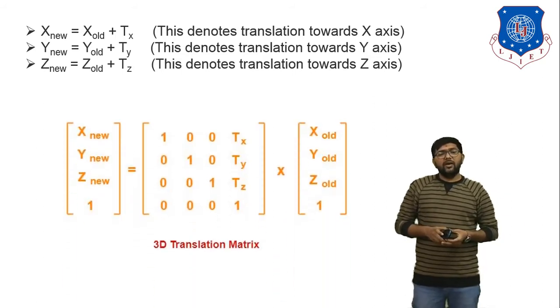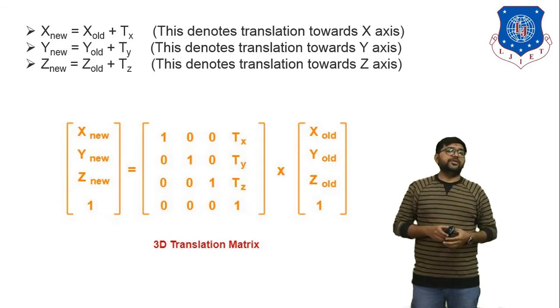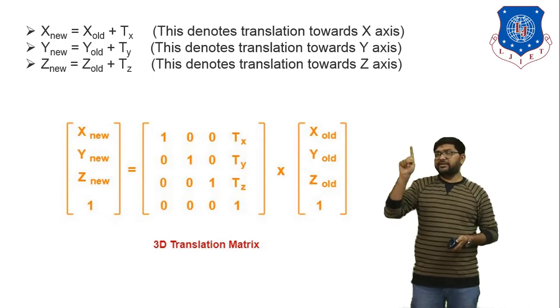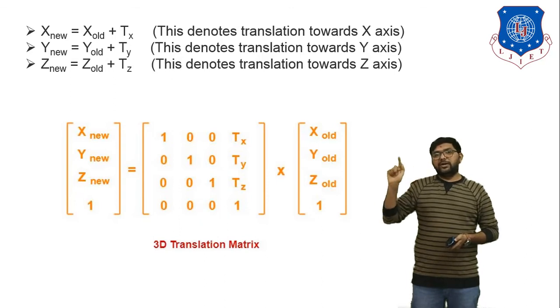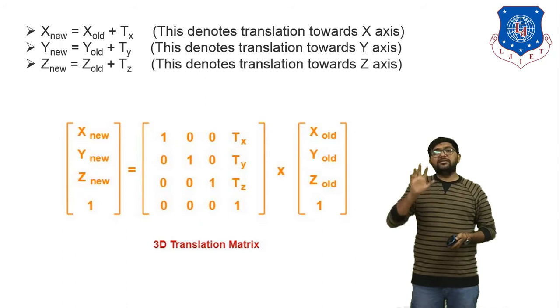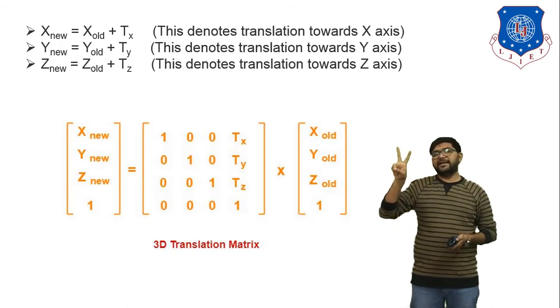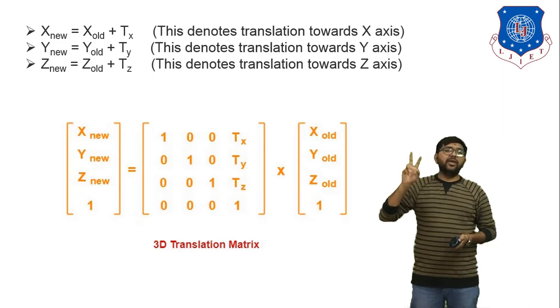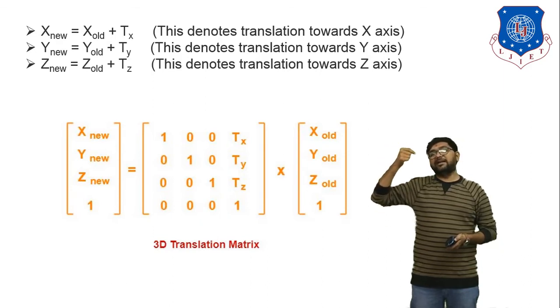Okay. Now we already derived the equation for the homogeneous transformation for the translation, that is 1 0 0, 0 1 0, tx ty 1, because in that case we just gave translation only in two axes, x axis and y axis. Now we have to add one more axis, that is the z axis.